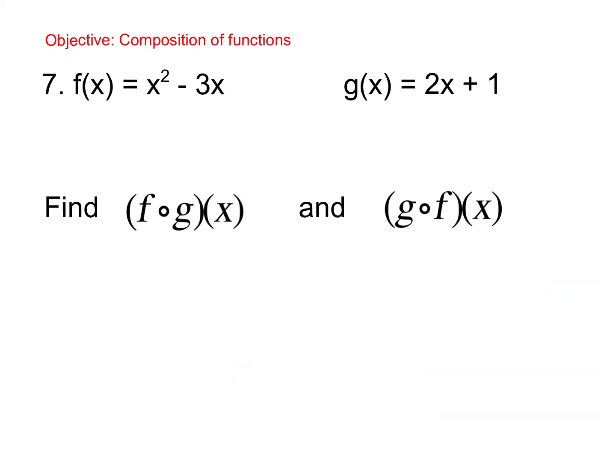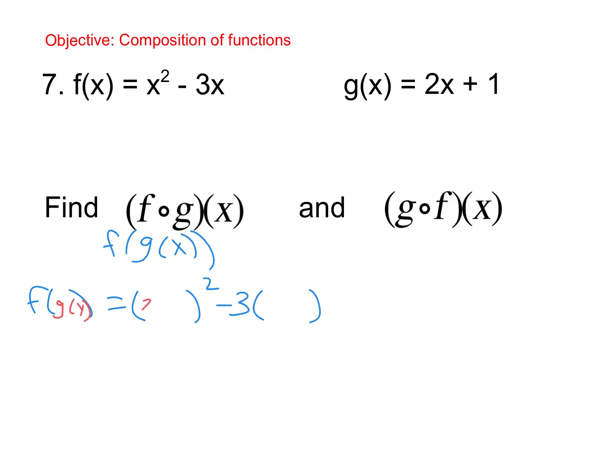All right. Pause and see if you can do this on your own. All right, so my outside function is f, right? This is f of g of x. So f of x is x squared minus 3x. What's being plugged into f? G of x. 2x plus 1, 2x plus 1.